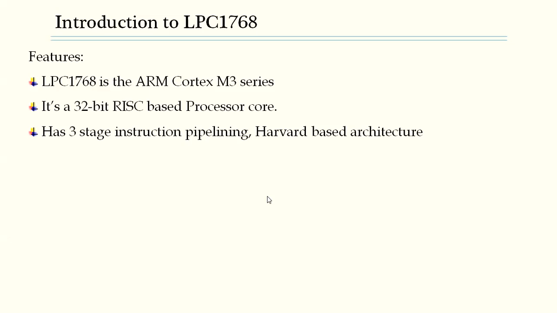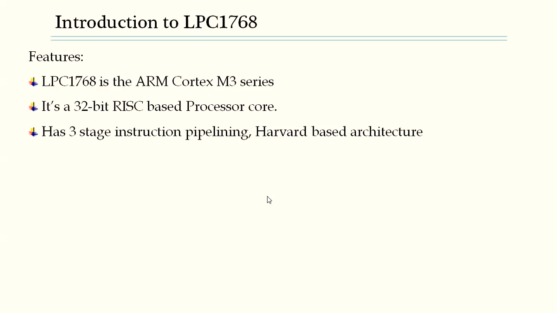Pipelining is a technique, or a concept, which helps in utilizing the internal functional blocks more efficiently. When you say it is an instruction pipeline, we know that an instruction consists of 3 stages mainly. The instruction is fetched, decoded and executed.